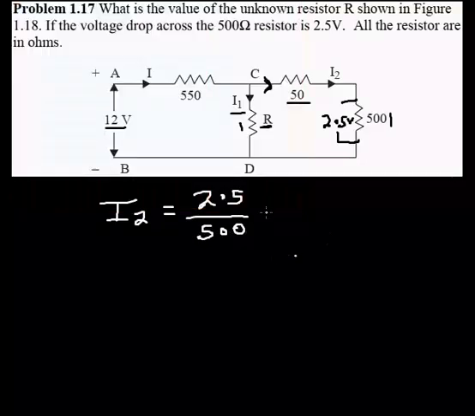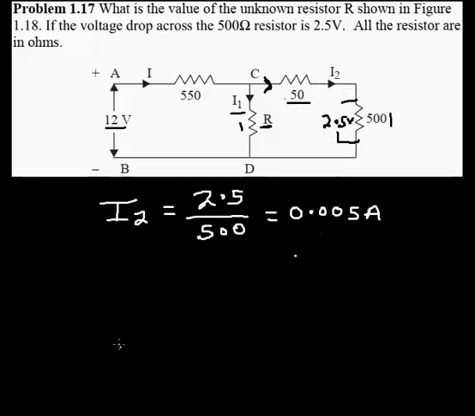That gives 0.005 ampere. So that is I2, passing through 50 ohms and 500 ohms.